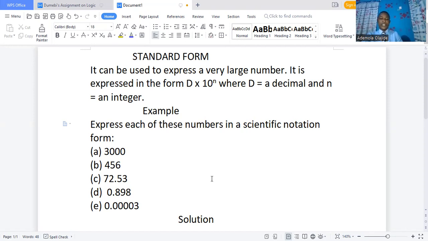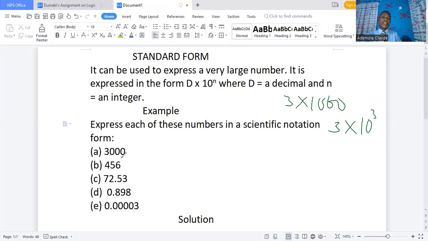So in this case, the first one, which is 3,000, if you want to express it in scientific notation form, it's like 3 times 1,000. And 3 times 1,000 is the same thing as 3 times 10 to the power of 3.